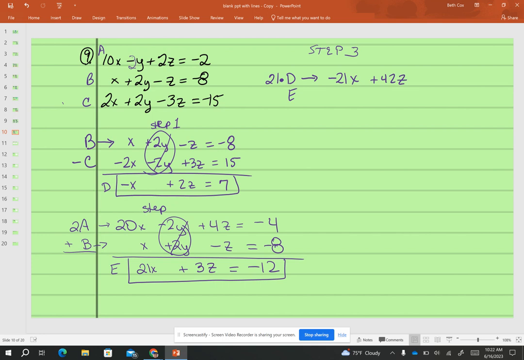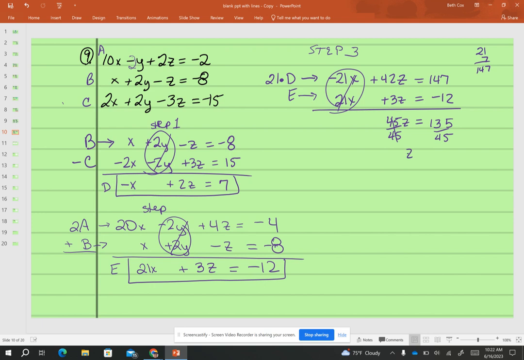And I got to do 21 times 7. Uh-oh. That's going to be 147. E I'm going to leave alone. It already has the 21x plus the 3z is equal to negative 12. When I combine these, I get the elimination. I have 45z is equal to 135. Divide both sides by 45, and you will get z is equal to 3.